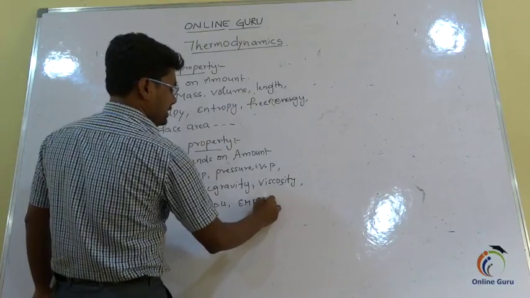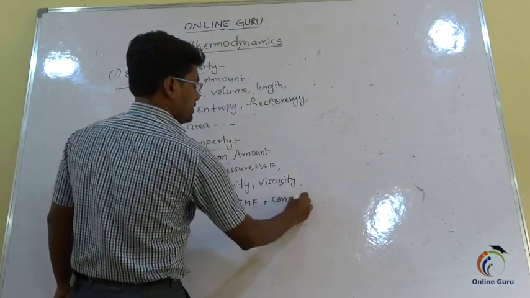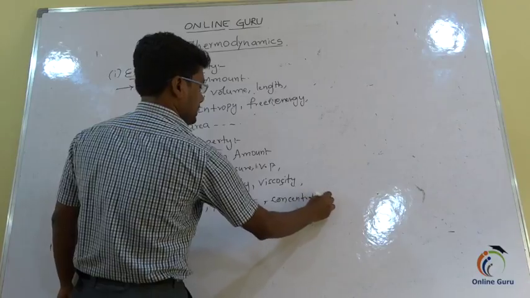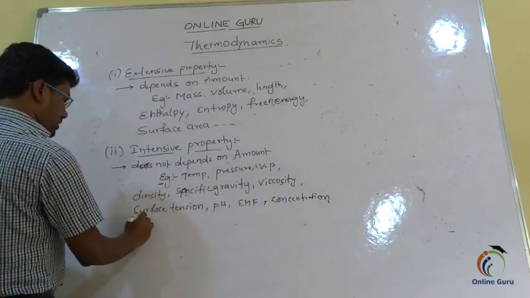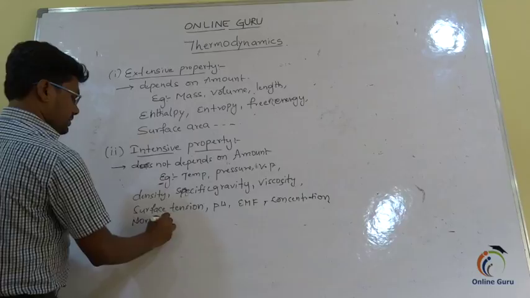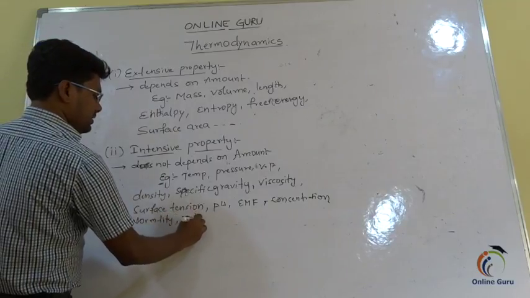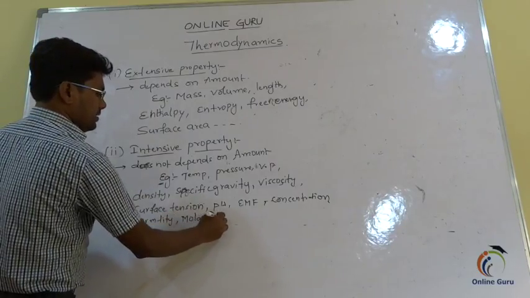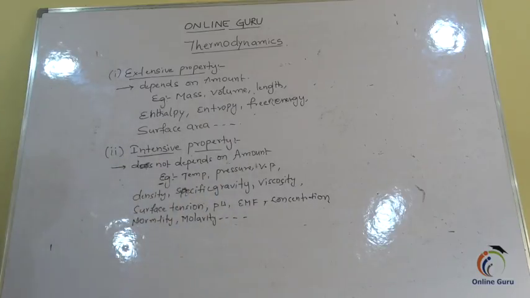These are concentration. Concentration means normality, molarity. So these all are intensive properties.